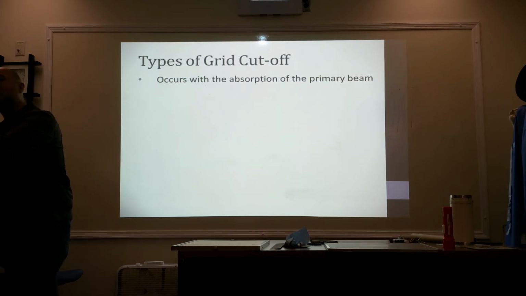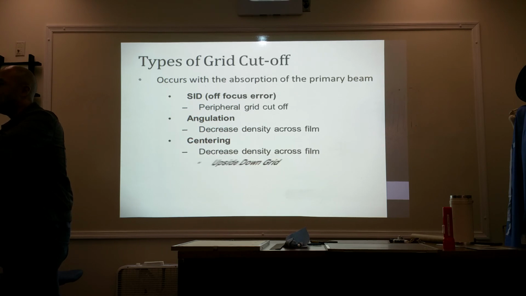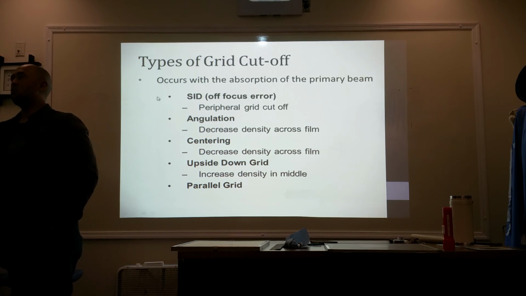Okay, what's grid cutoff? We just talked about that. Not only is your grid absorbing scattered radiation, but what else is it absorbing? Your primary beam, your primary radiation. Okay? This is going to be quick, guys, so hang in there. We're going to talk about your SID, your angulation, your centering, your upside down grid, and also your parallel grid.